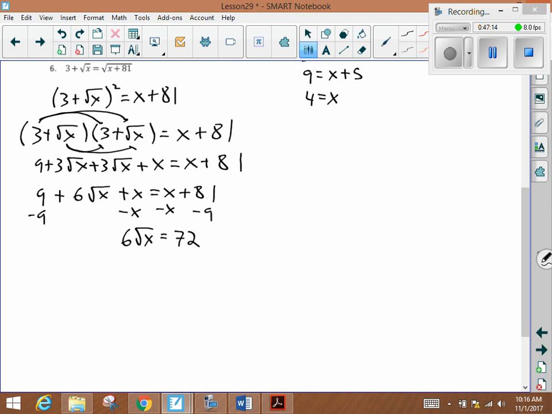I'll divide both sides by 6. Those cancel. 6 goes into 72 12 times. So I need to square both sides. And 12 squared is 144.